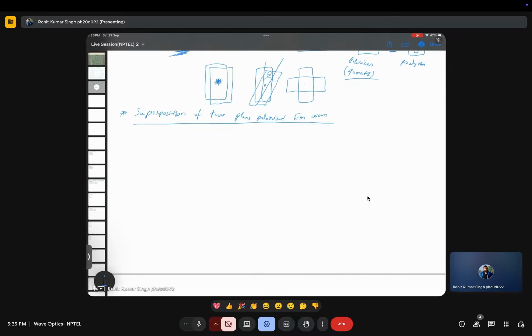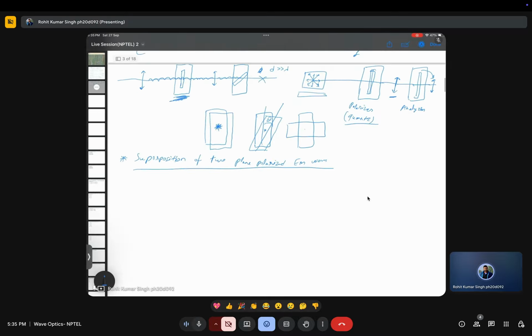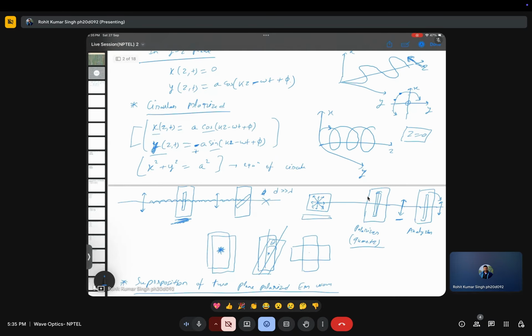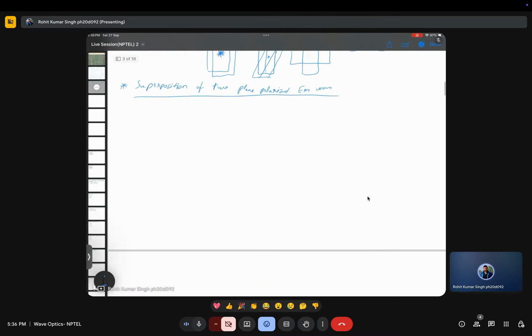We have already seen that the superposition of two plane polarized waves on a string gave you a circularly polarized wave, right? These two individually are just plane polarized waves, but when we superpose them, they gave us a circularly polarized wave. Something like this also happens for electromagnetic waves, so we will quantify that.